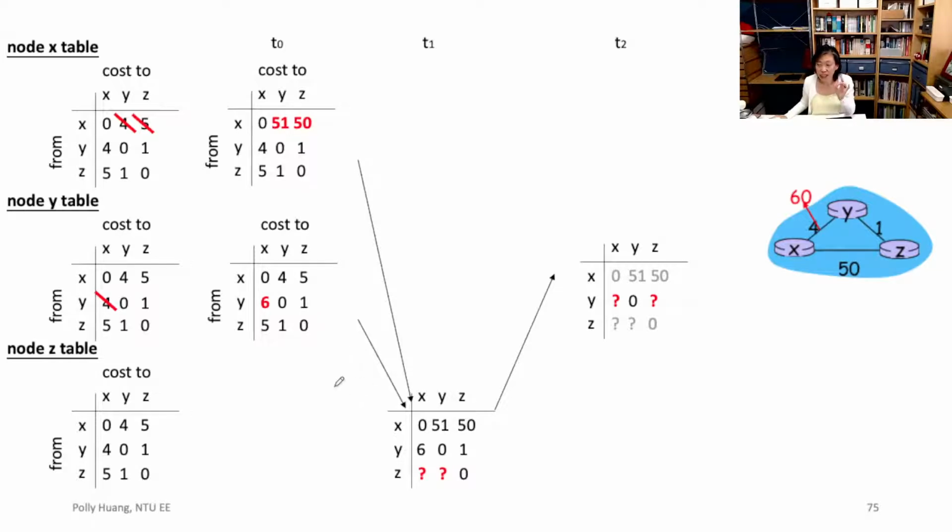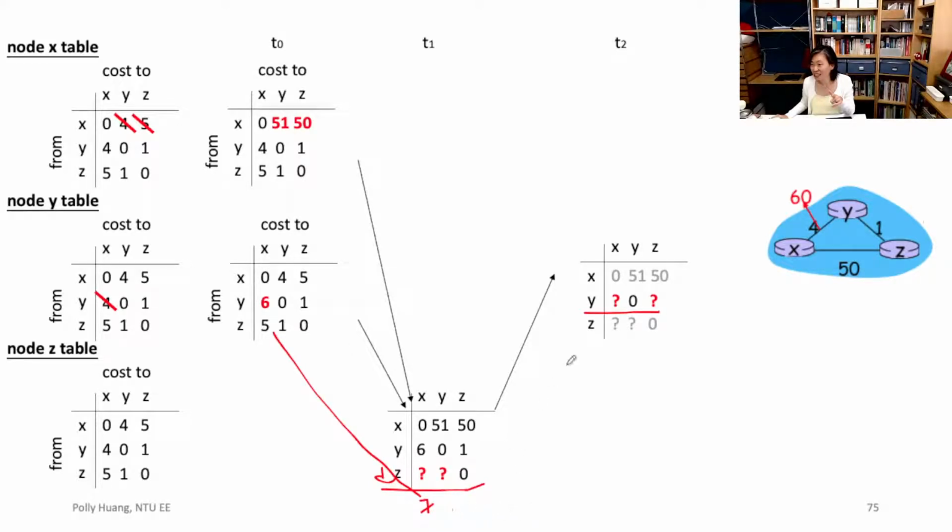Okay, so in the quiz, I ask you to calculate dz and dy. This is because if you observe, dzx here is changed from 5 to 7. Okay, because yx is changed to 6.